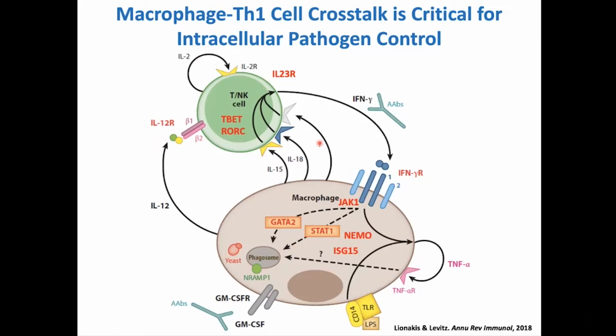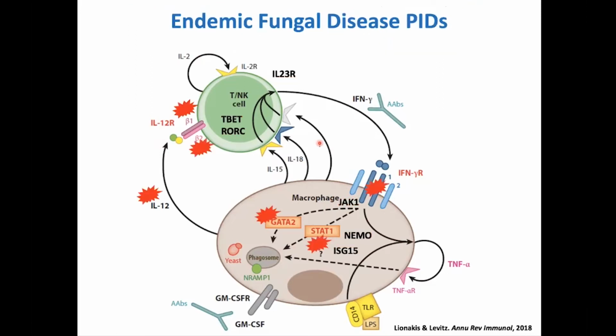So some of the diseases that cause mycobacterial infections, as well as listeria and salmonella, can also result in endemic fungal disease. Those relate to mutations in either IL-12 or its receptors, or interferon gamma receptor 1, or within the cell, STAT1 gain of function mutations or GATA2.